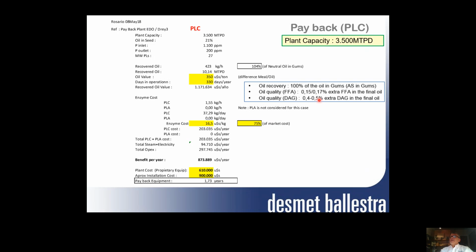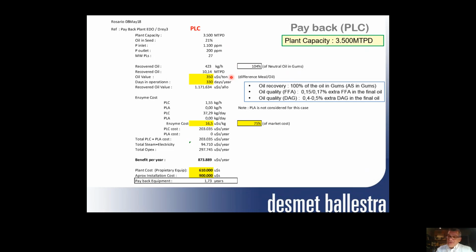So this is a typical payback for a 3,500 tons per day plant, which reaches not 100 but 104% of the neutral oils in gums, with an oil value difference between meal and oil which is not fully true.